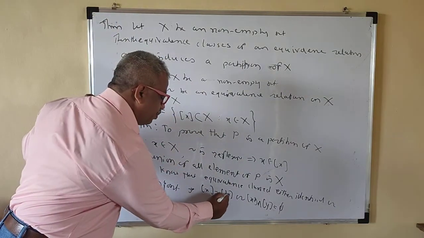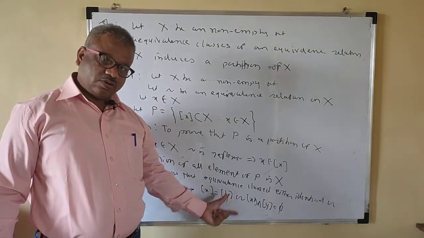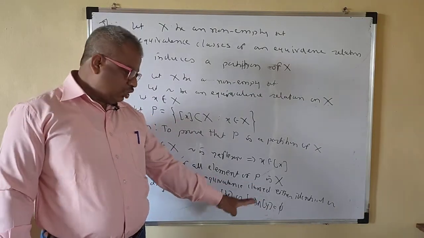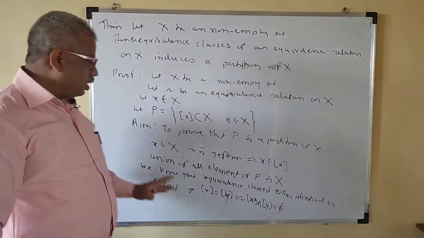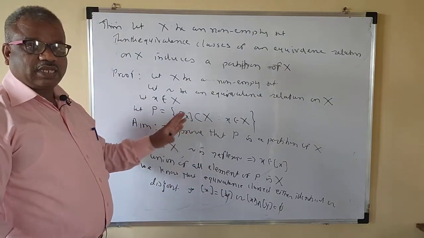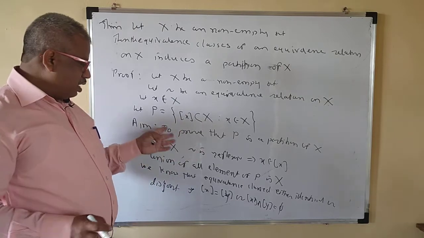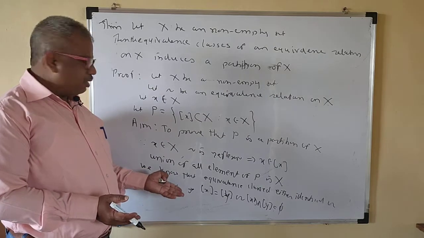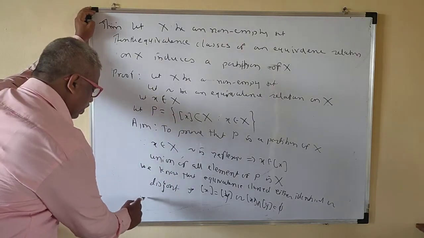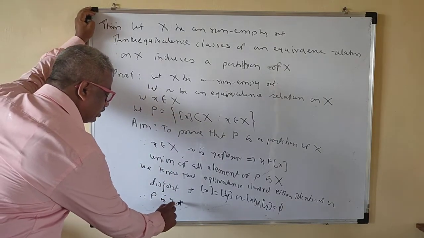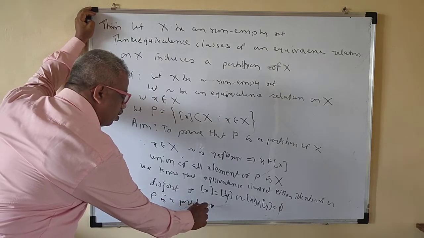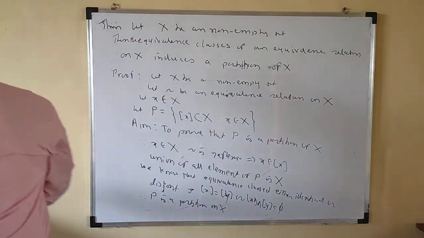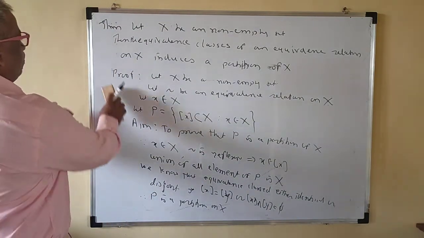If they are not equal, then they must be disjoint. That means the equivalence classes are disjoint. So the union is capital X and they are pairwise disjoint. Therefore, very simple now, P is a partition on X. So the theorem is over. Okay, very simple.